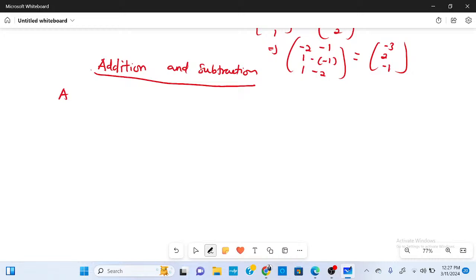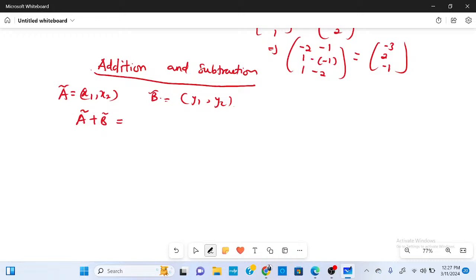All that you need is vector A and vector B, where my vector A is given as x1, x2, and my vector B is given as y1, y2. If you want to find vector A plus vector B, it is simply equal to the sum of the respective components.